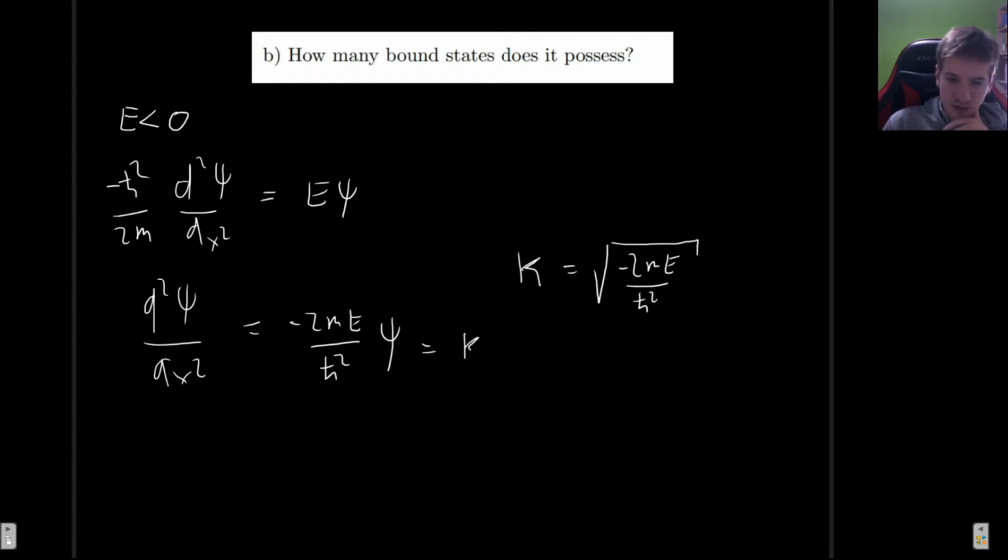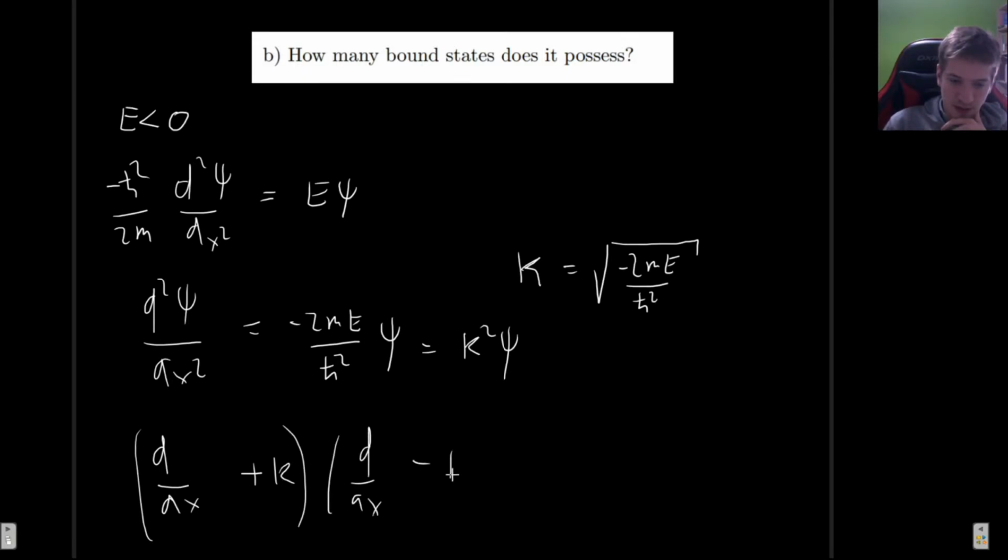So this is going to be k squared psi. And this differential equation we have solved many times. You have to factor it so that it's plus k and d dx minus k times psi equals 0.